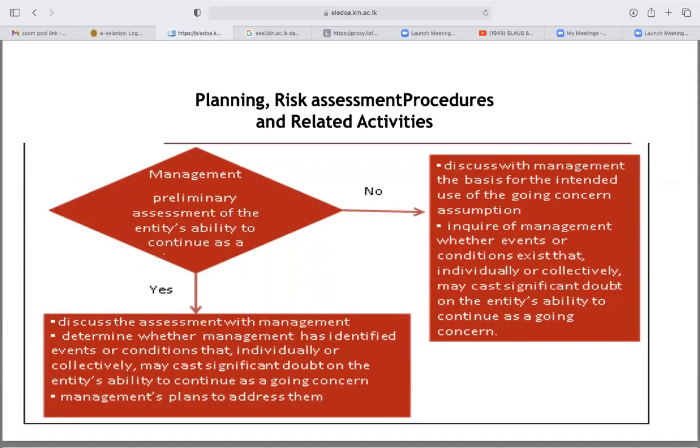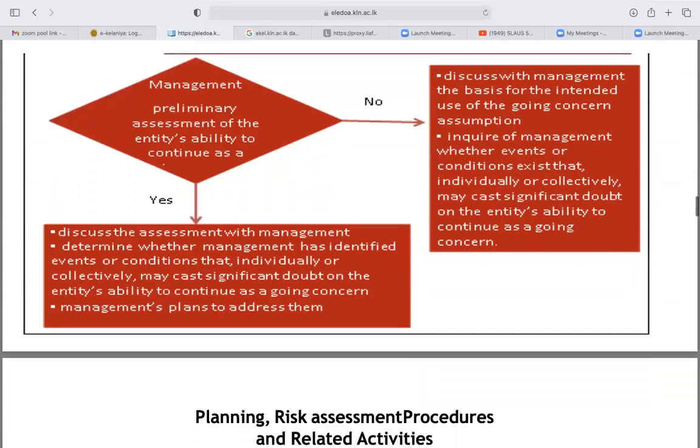Planning, risk assessment procedures, and related activities. So you can see in this box, management's preliminary assessment of the entity's ability to continue as a going concern, right? They are assessing the going concern ability.